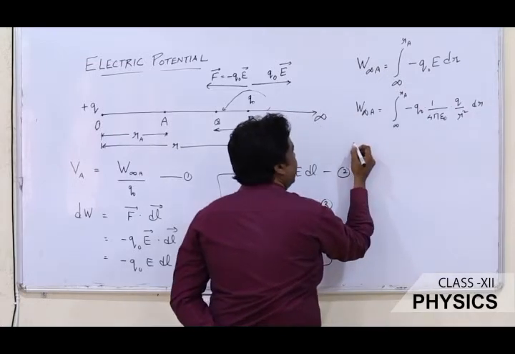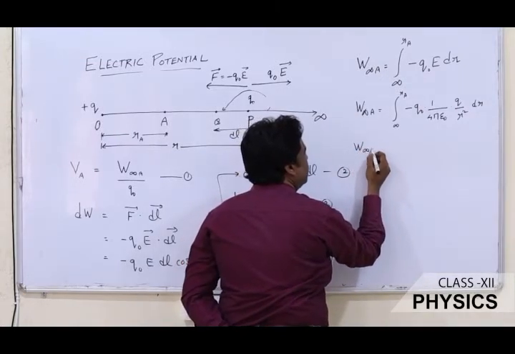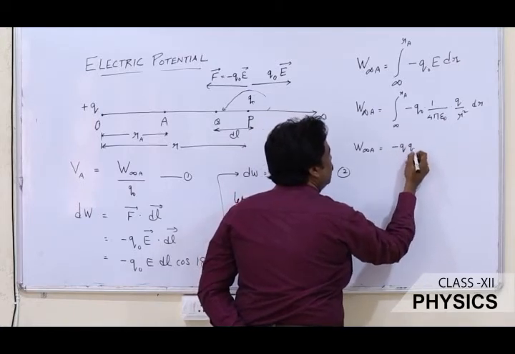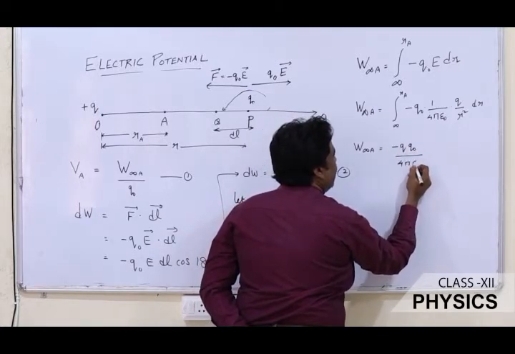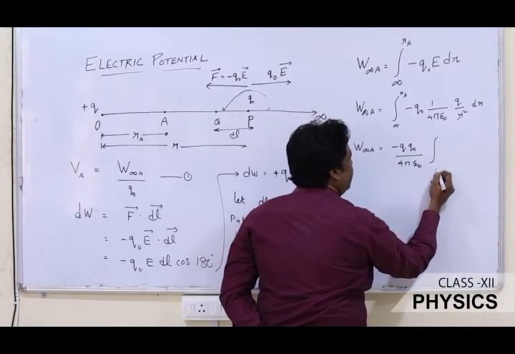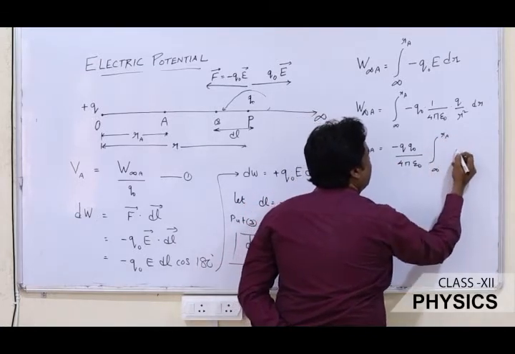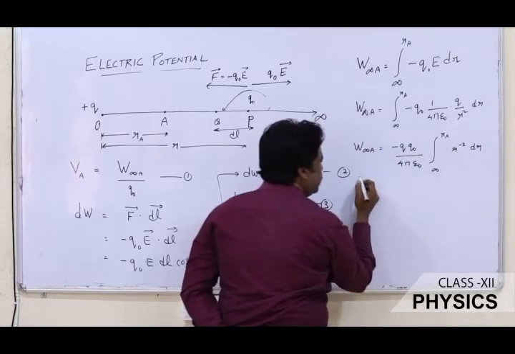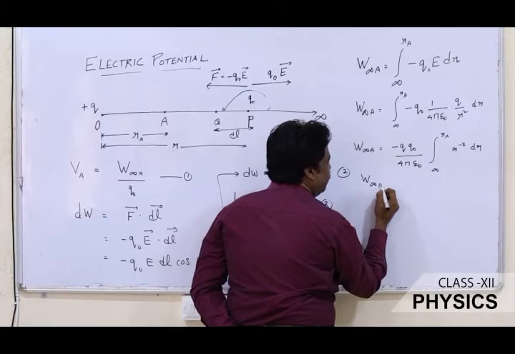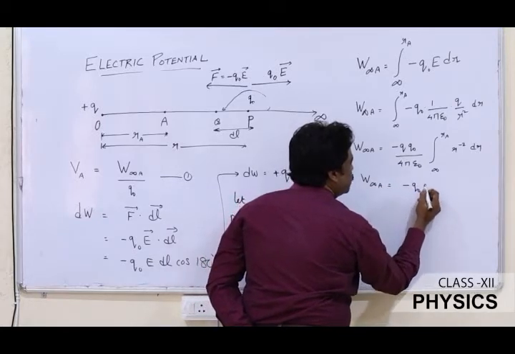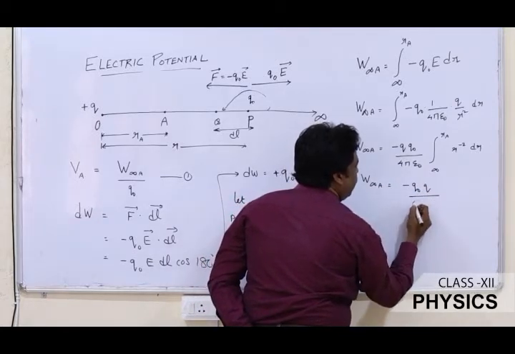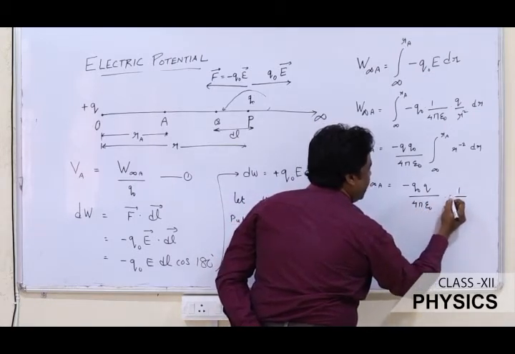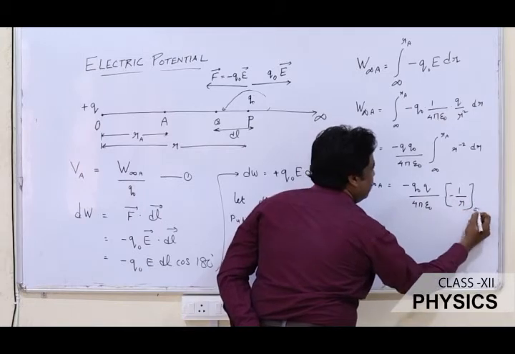What are the things that can be taken out of the integration? Minus Q naught by 4 pi epsilon naught can be taken out. So it will be the integral from infinity to Ra of 1 by R square dr, which can be written as R power minus 2 dr. Ultimately, W infinity A is minus Q naught by 4 pi epsilon naught times minus 1 by R, with limits infinity to Ra.